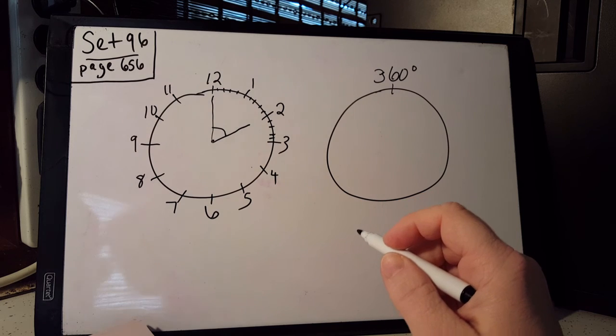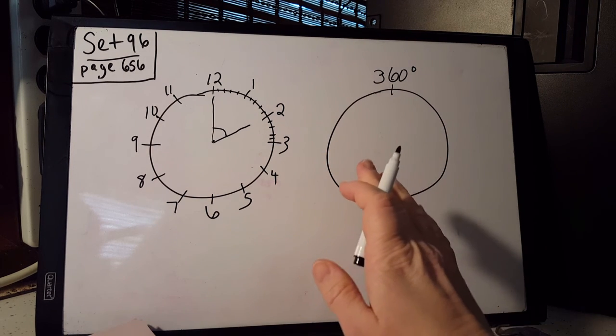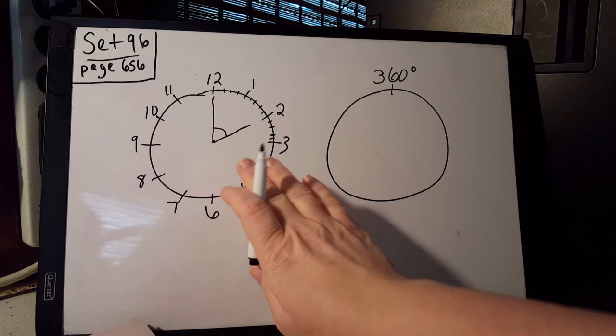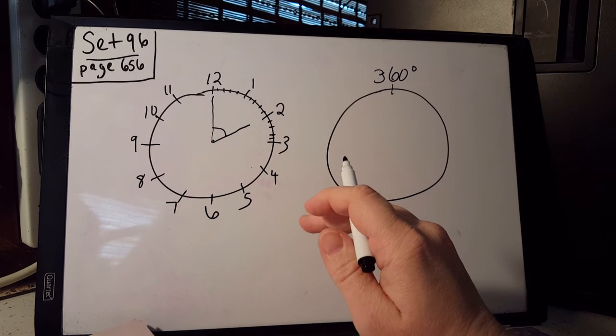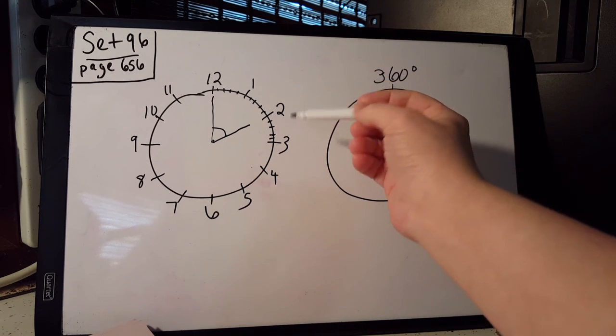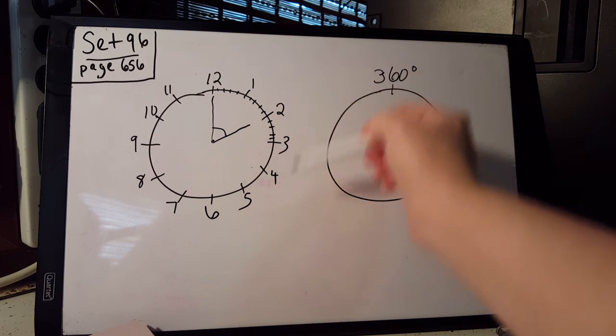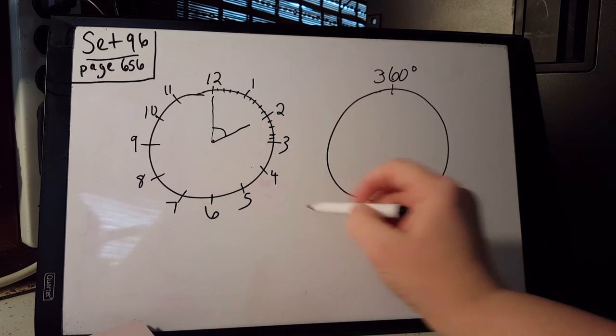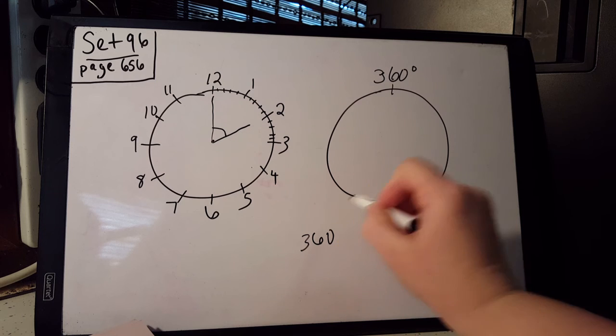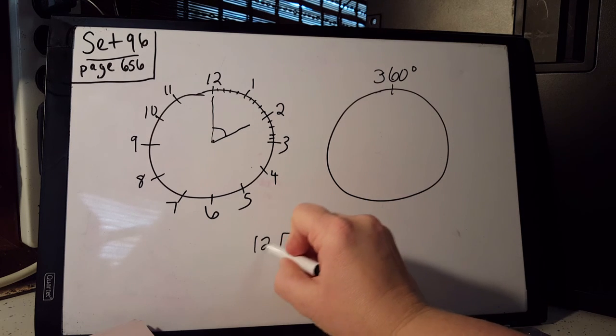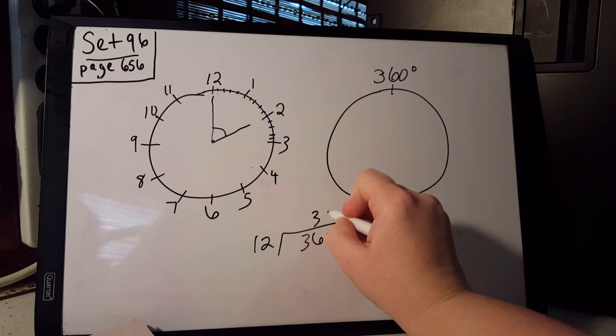Well, we can figure some things out when we compare degrees with measurements on a clock. If we know that there are 12 divisions, 1 through 12 on the clock, if we took 360 and divided it by those 12 divisions, we would end up with 30 degrees.